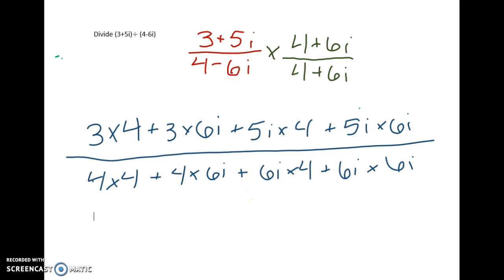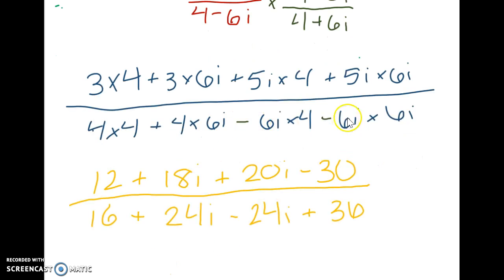Hold on, let me put a green negative sign. So my mistake, it's a plus sign. Minus 6i times 4, minus 6i times 6i.